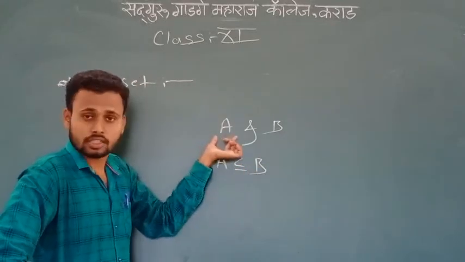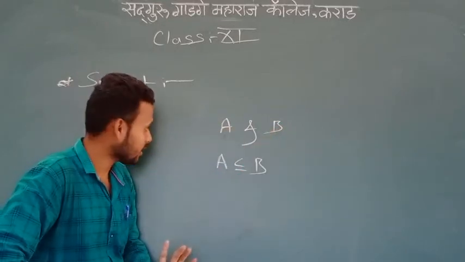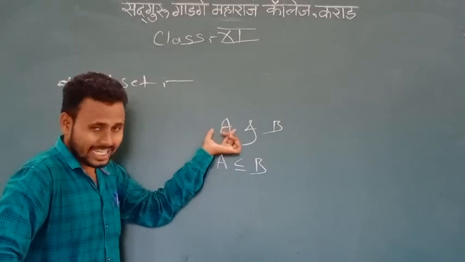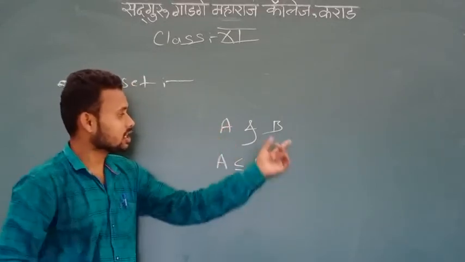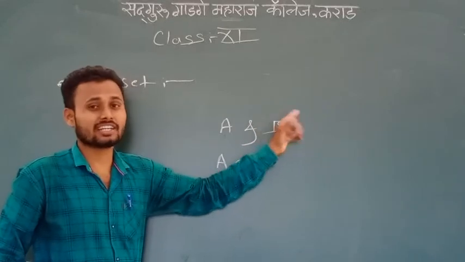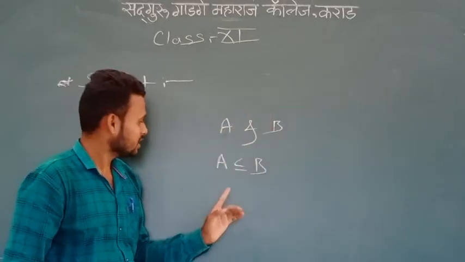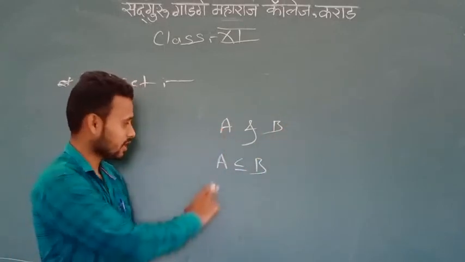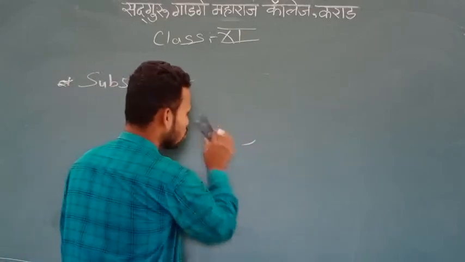What is the definition? Suppose we have any two sets A and B, then every element of set A is also an element of set B. Then we say that A is a subset of B, denoted by that form. For example, we have two sets.